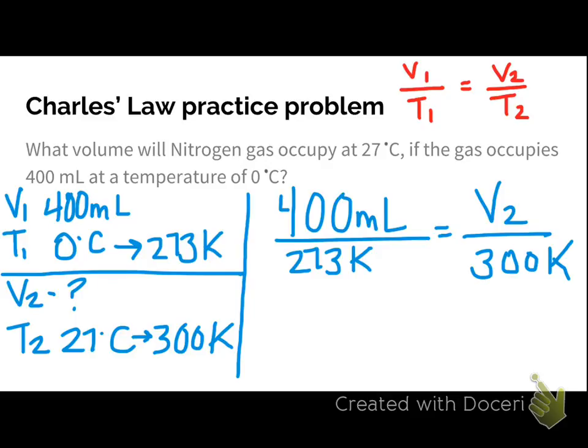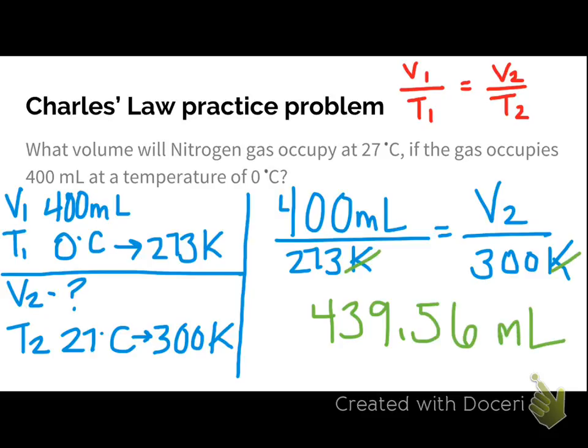Okay, just go ahead and do the algebra in this. 400 divided by 273. And then we're going to multiply by 300. Should give us an answer of 439.56 milliliters.